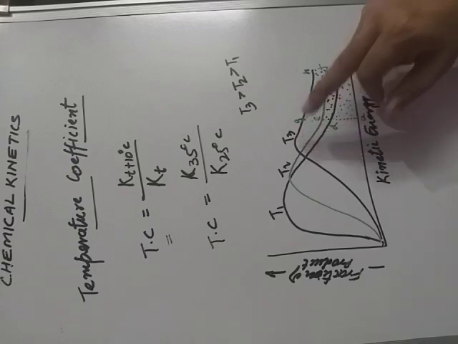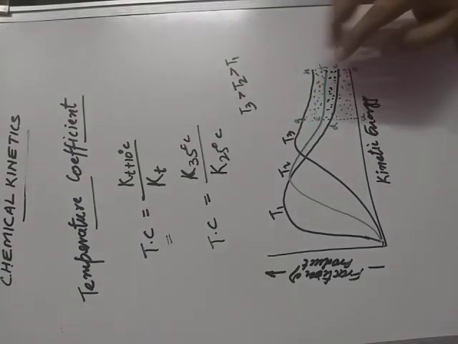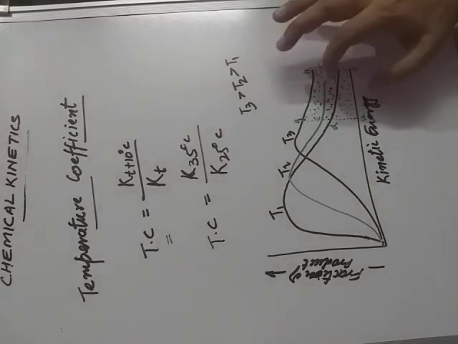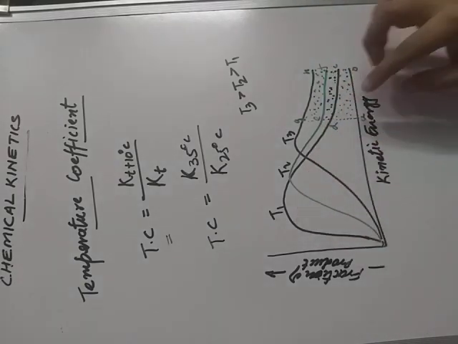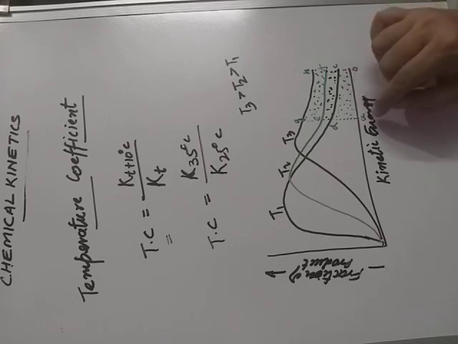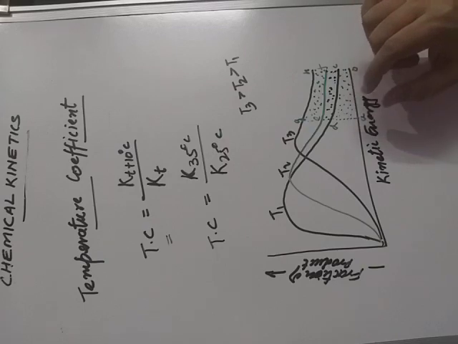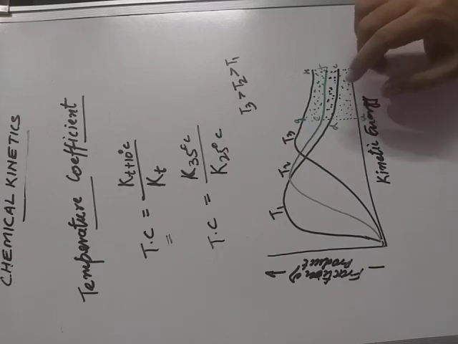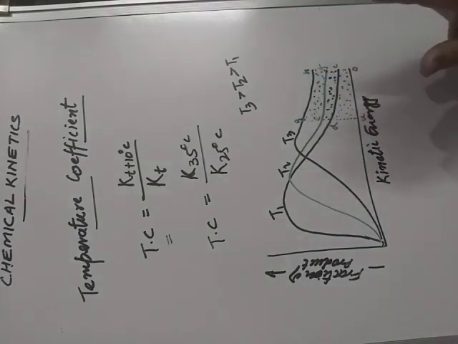When the temperature is T3, the fraction of product molecules is more, that is A, B, G, H, that much area shows the fraction of molecules of product formed. When the temperature was T1, the lowest temperature, the fraction is A, B, C, D, the smallest portion, which shows less product formed. Is it okay? So increasing the temperature increases the kinetic energy, and that increases the number of products formed. You can also note that graph down. Please take the screenshot of this.